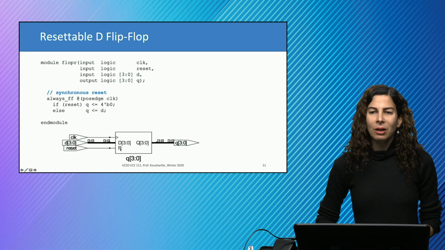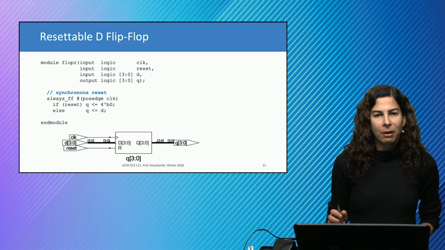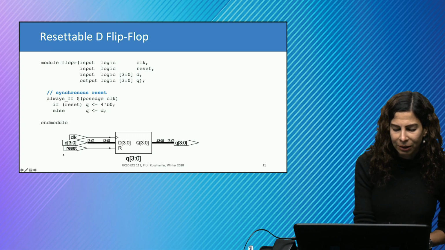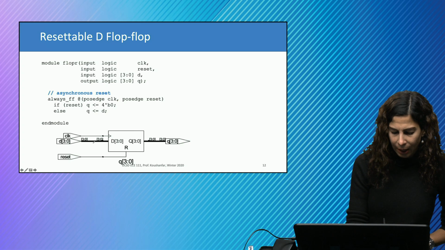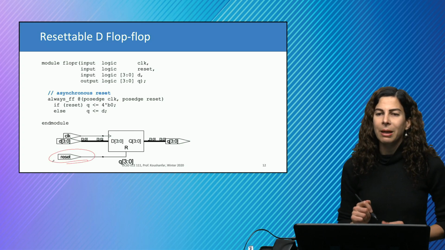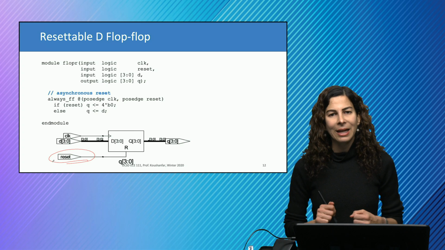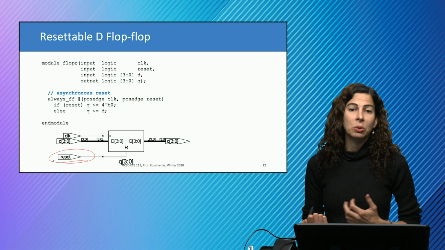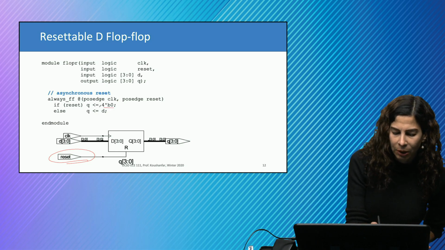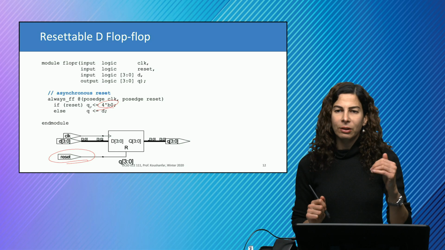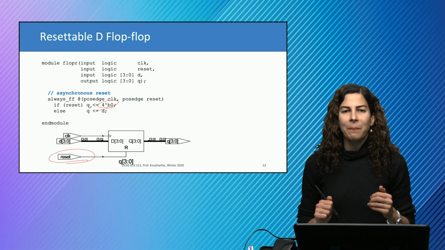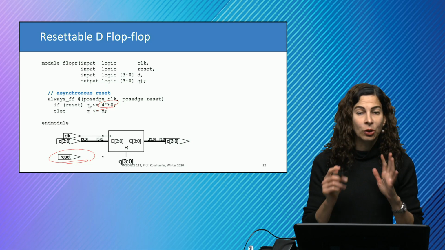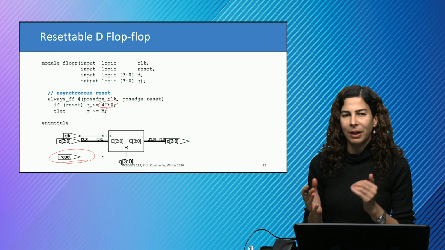But if we write it in SystemVerilog and synthesize it or simulate it, this is what you get. Now, you could add more signals to your flip-flop. For example, in addition to the clock and data coming in, you could have a reset. This reset signal may be asynchronous or synchronous. An asynchronous reset means that you could reset the value of the output to a given value, for example here 0, if the reset is asserted, no matter if the clock has its positive edge or not.